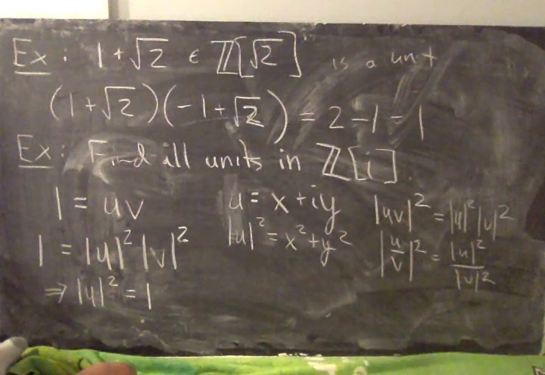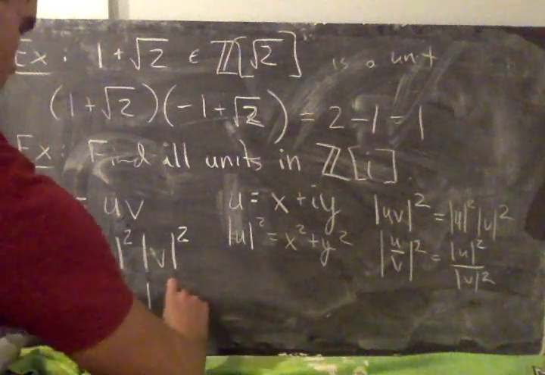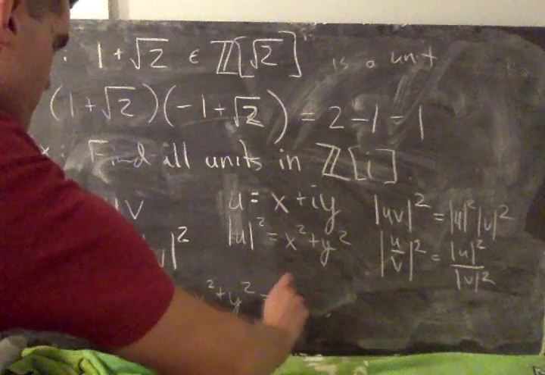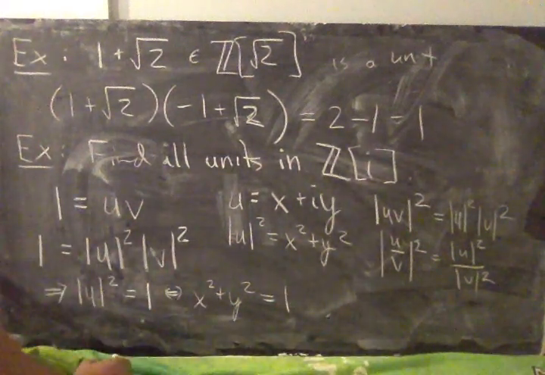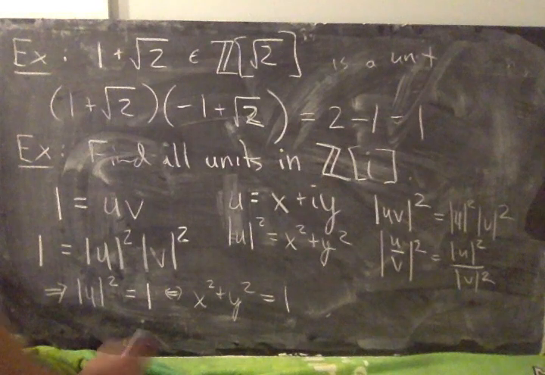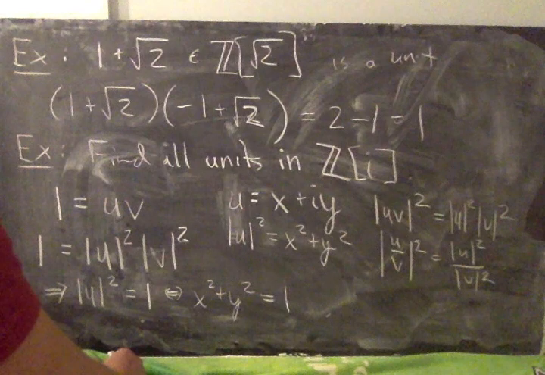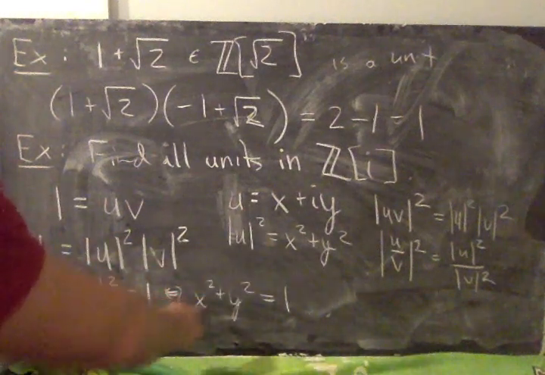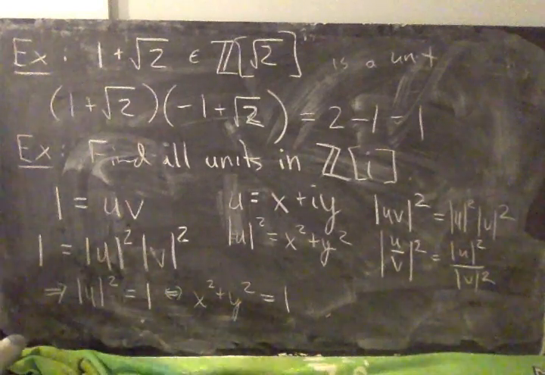And if I think about that, that says that x squared plus y squared is 1. And again, these are both integers, so the only possibility is that one of these squares has to be 1 and the other has to be 0. So it's either that x is plus or minus 1 and y is 0, or y is plus or minus 1 and x is 0.